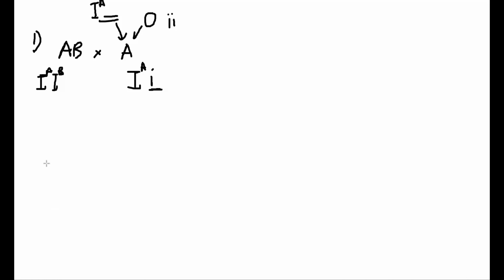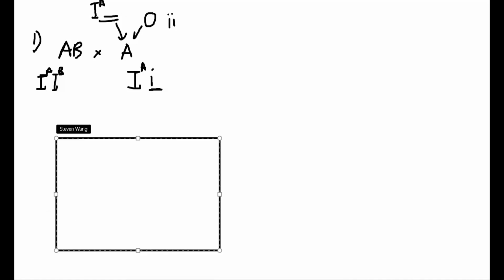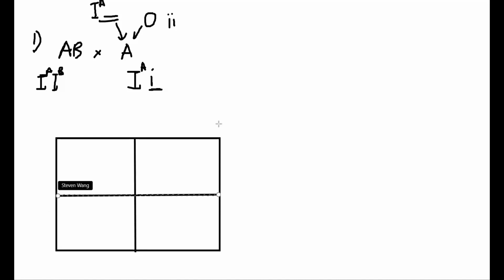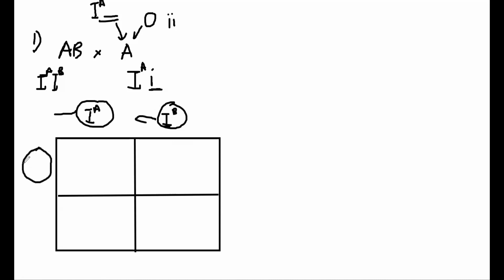So now that we know that, let's go ahead and plug this into a Punnett square. I'm making it a little bit bigger just because we have more letters to draw here. The man is IAIB, he's AB, and so one sperm is going to be IA, and one sperm is going to be IB. The woman is going to be on the side.